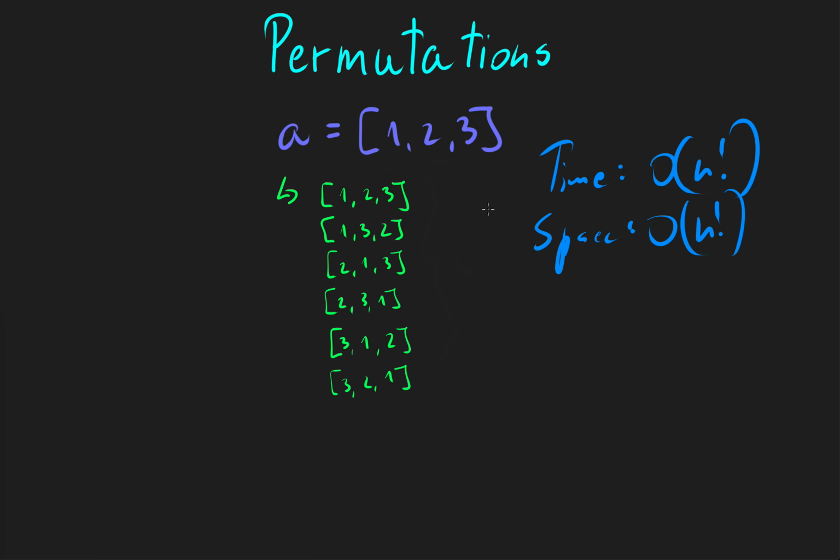Yeah, and for our solution, we'll do this multiple ways. We will definitely use recursion, and on each step of the way, we can choose either 2 or 3, and then recurse, right? So one way of solving this is using backtracking.